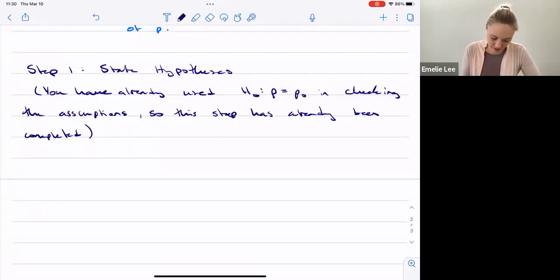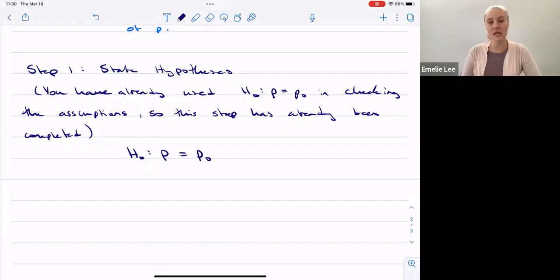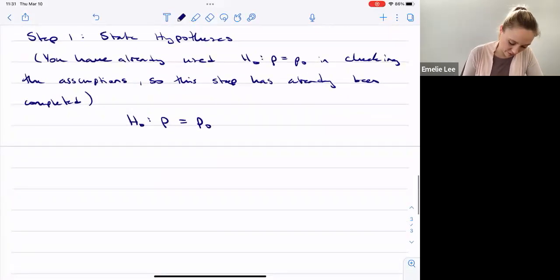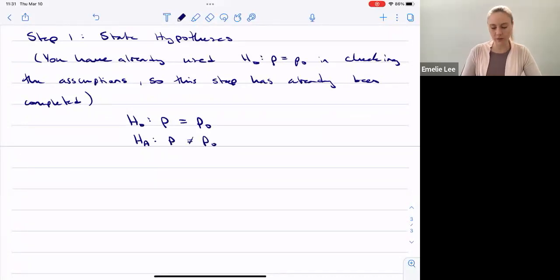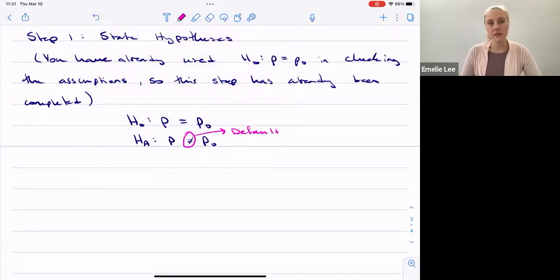Okay. So your alternative hypothesis is going to be set up in the same way as it was for the confidence interval approach. So P is not equal to P naught. Okay. This is our default. Is that there's been a change or there's a difference, or just not picking a side or a direction that this change is happening in.